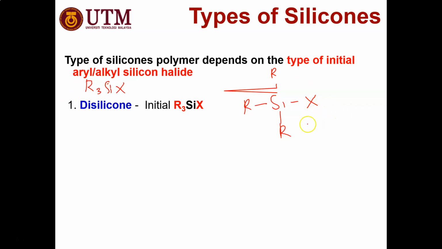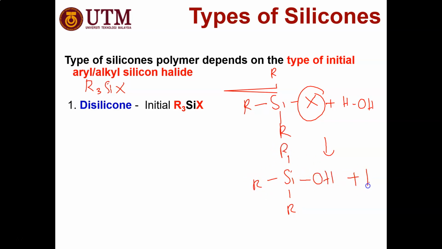Kalau kita lukiskan keluar macam ni, it's easier to print. So, dia plus HOH, kita akan dapat, so once again, X tu akan dikeluarkan. So, kita akan dapat Si, R tak keluar R kekal je kat situ the organic part, OH, macam ni, plus HX. So, this is the reaction.